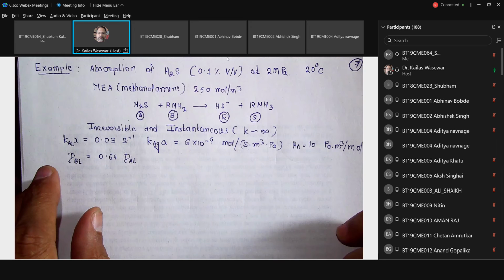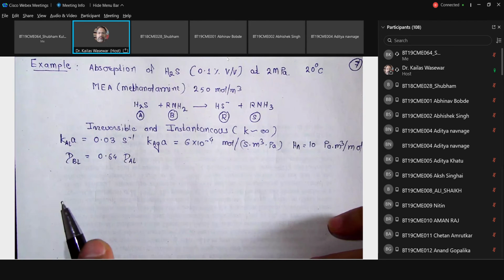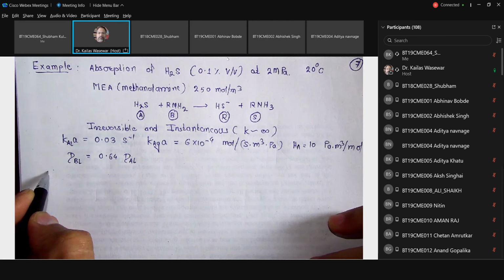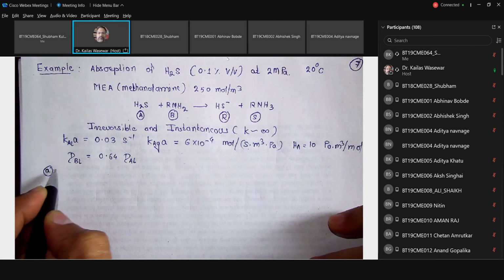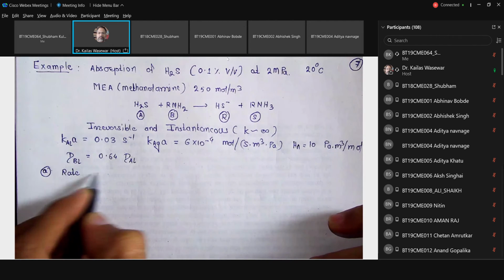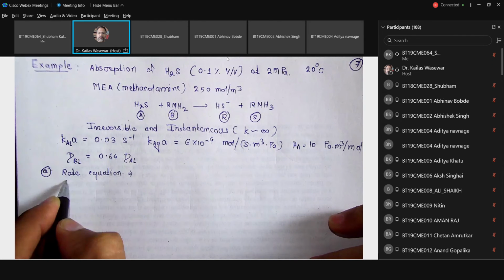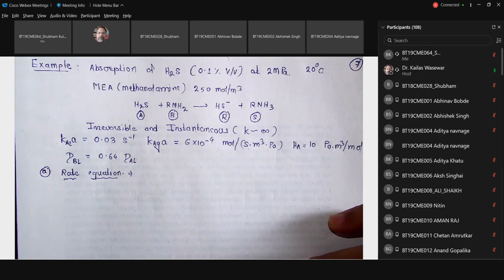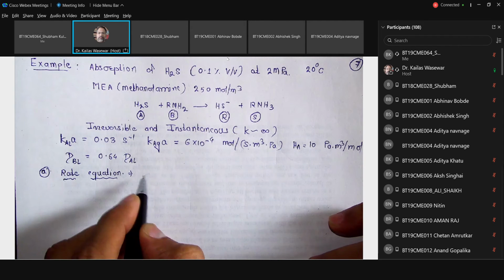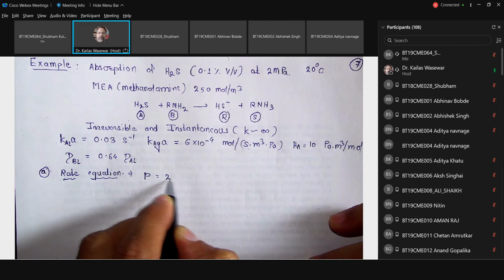So now we have to find out which rate equation is applicable to our case. Okay. So we have to find out first rate equation. This we have to find out which is the applicable. Now here partial pressure. Remember, total pressure while doing the calculation, total pressure is given as 2 megapascal.